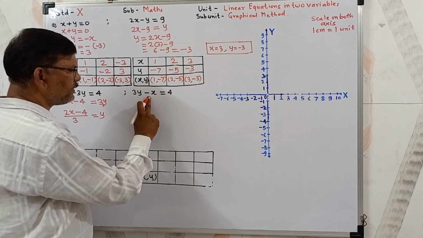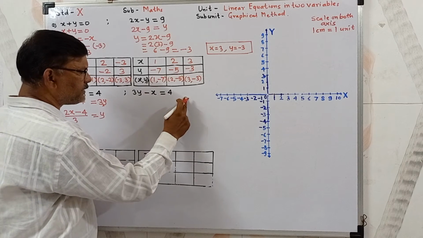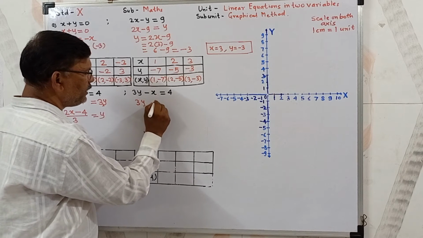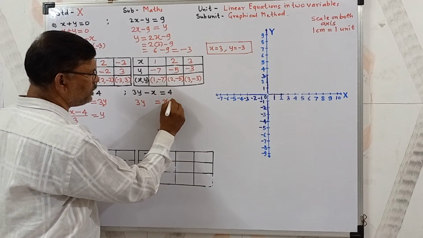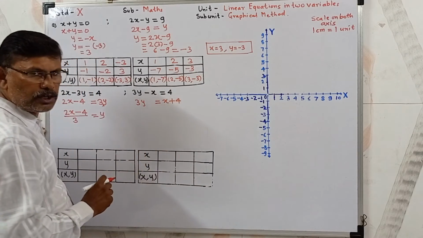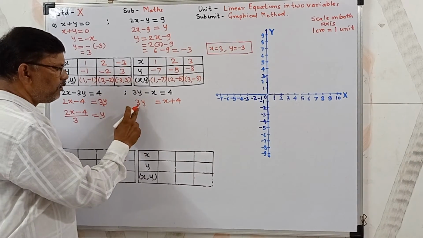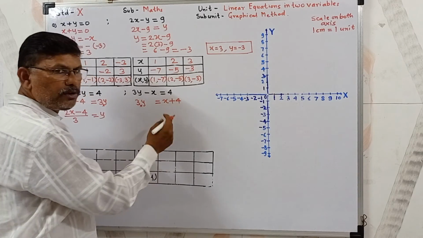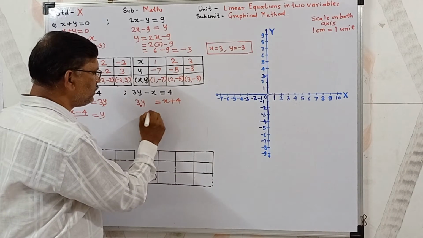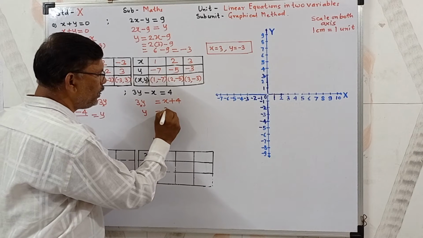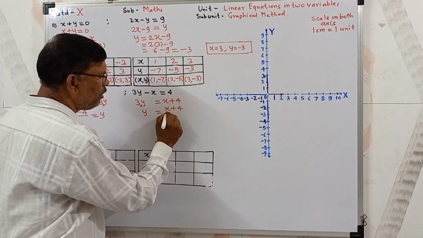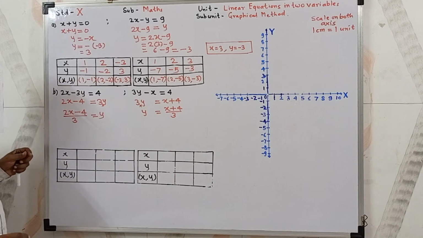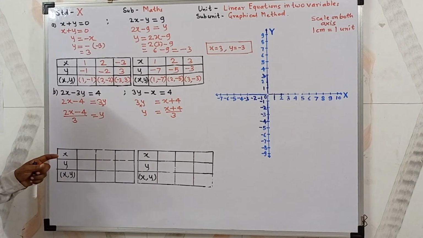So minus x, when it goes to that side, becomes plus. So 3y is equal to x plus 4. Understood? Then 3 is multiplied to y, so when it goes to this side it is divided. So y is equal to x plus 4 upon 3. These are the values of y.